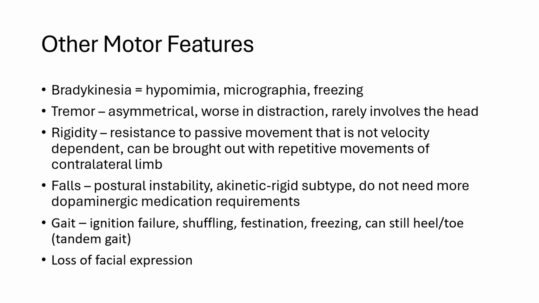There's rigidity as well, which you can elicit sometimes with repetitive movements in the contralateral limb, as in distraction. And then postural instability is a big one as well, which results in falls, which can be quite damaging.